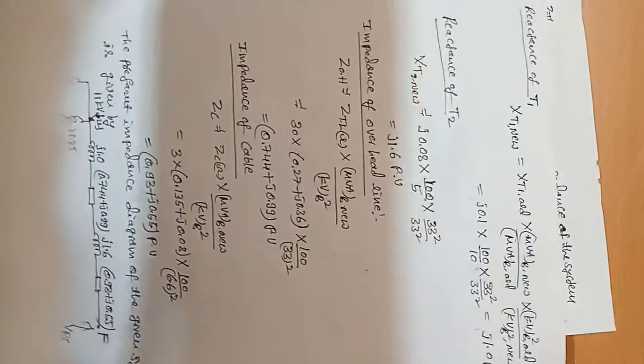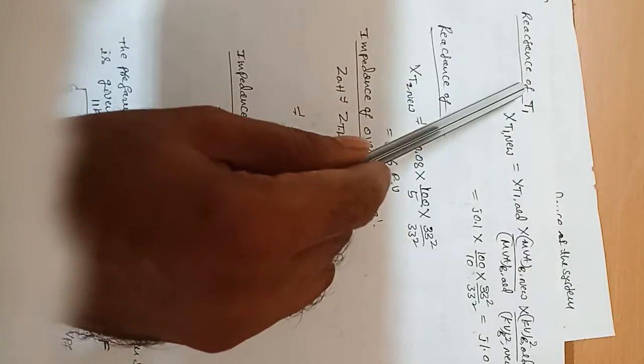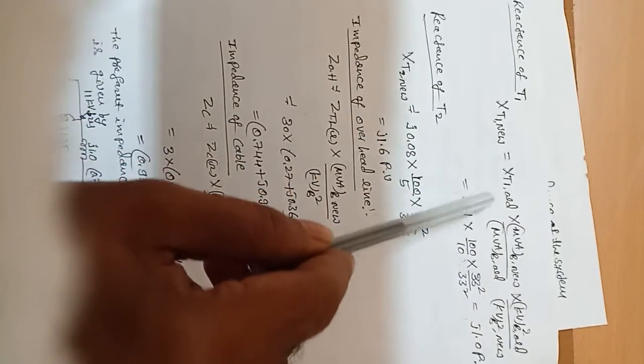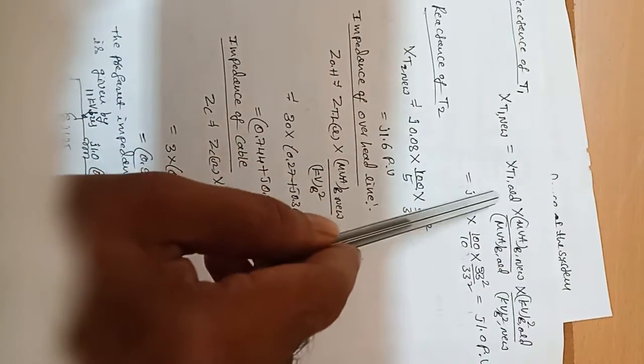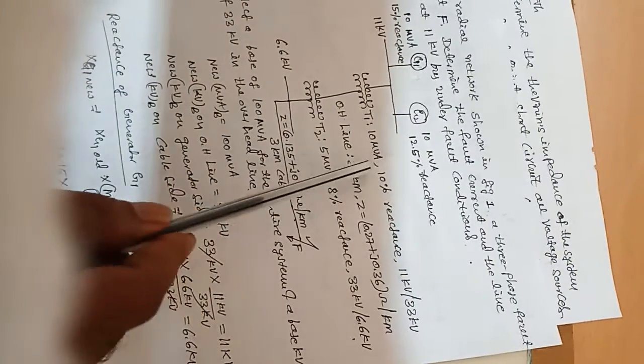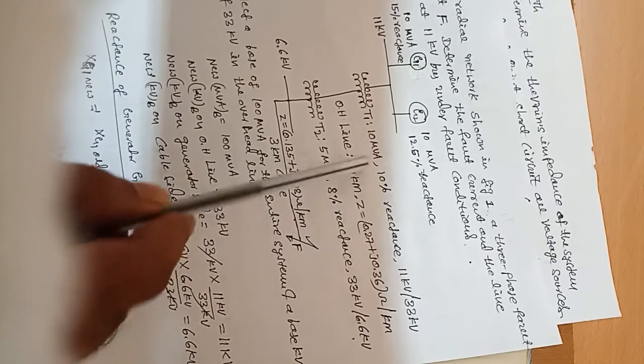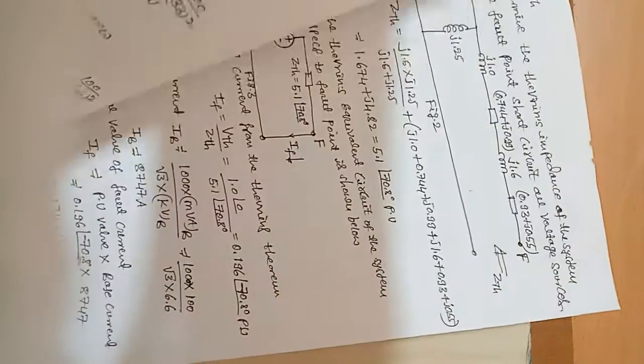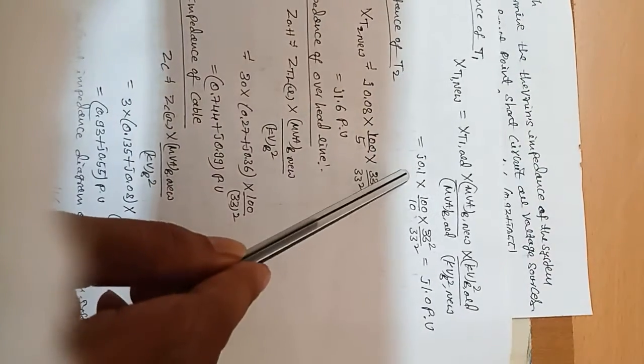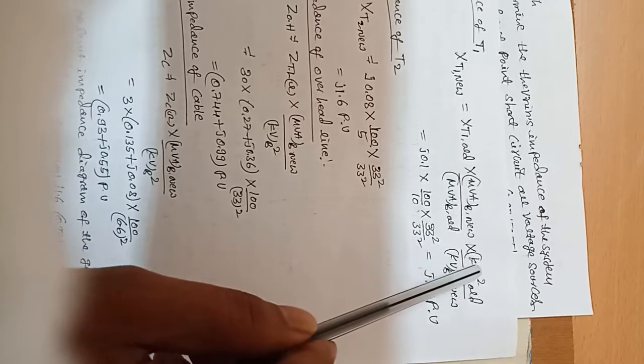Next, we will calculate the reactance of transformer T1. You know the formula for the reactance of a transformer. 10% means j0.1, and the old MVA is 10. So j0.1 into 100 by 10 into old base squared. You can refer to any one side.